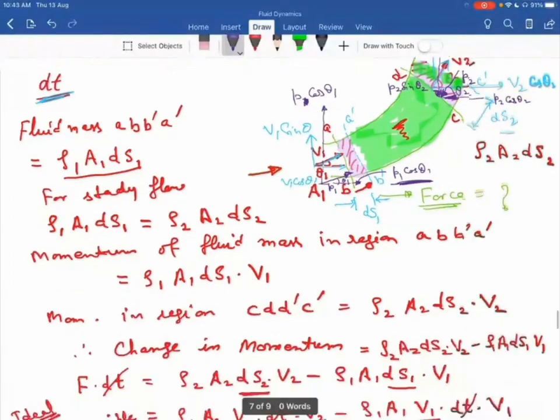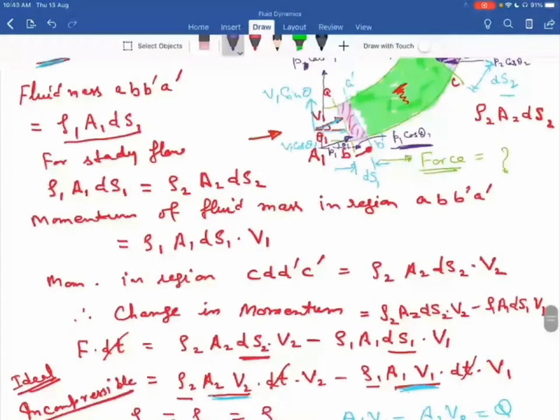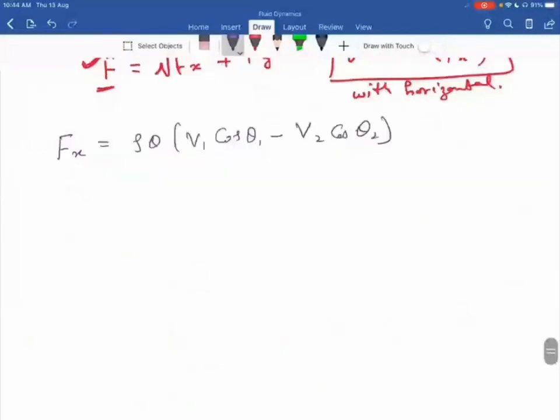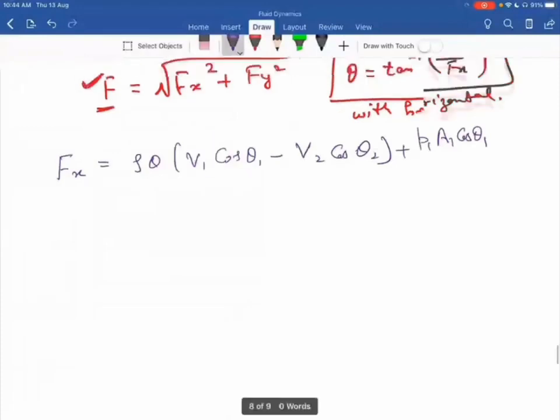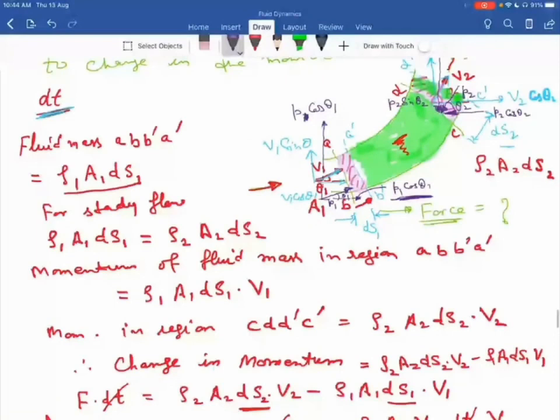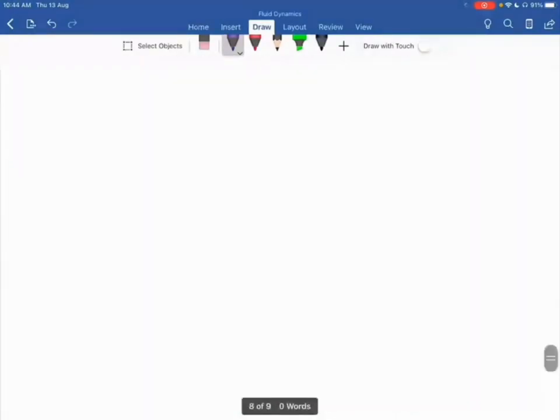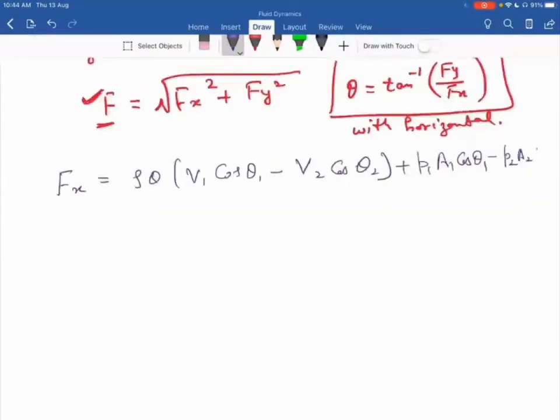So P1 intensity है, this is आपके पास P1 cos theta 1, तो force आ जाएगी अगर आप इसको area से multiply करोगे. So that write as plus P1 A1 cos theta 1. Okay, now you see on second section, so that second section you have P2 cos theta 2, x in the opposite direction. So this is the intensity multiplied by area, give you the force. So that becomes minus P2 A2 cos theta 2.